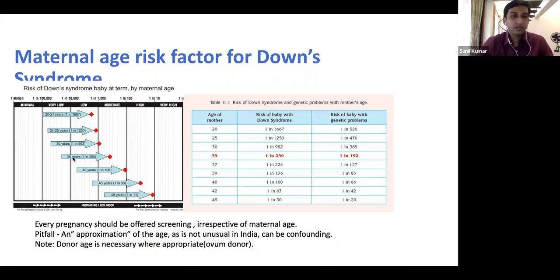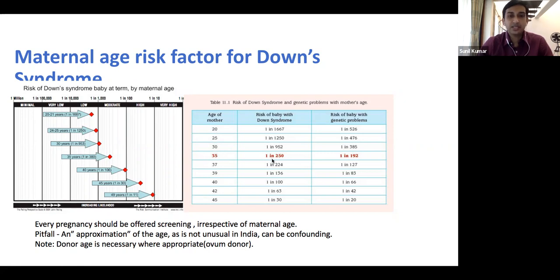At 35 also, the bar moves slightly towards moderate risk, isn't it? 40 years, low to moderate. 45 years, moderate to high. 49 years, moderate to high, or sometimes it may go very high.